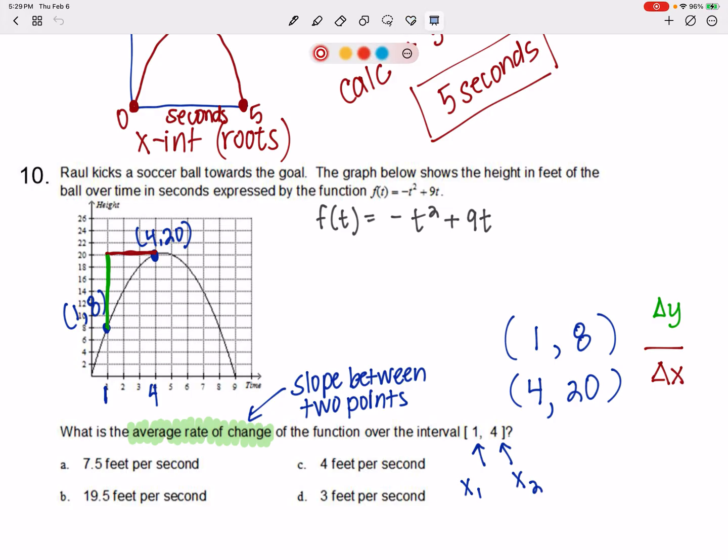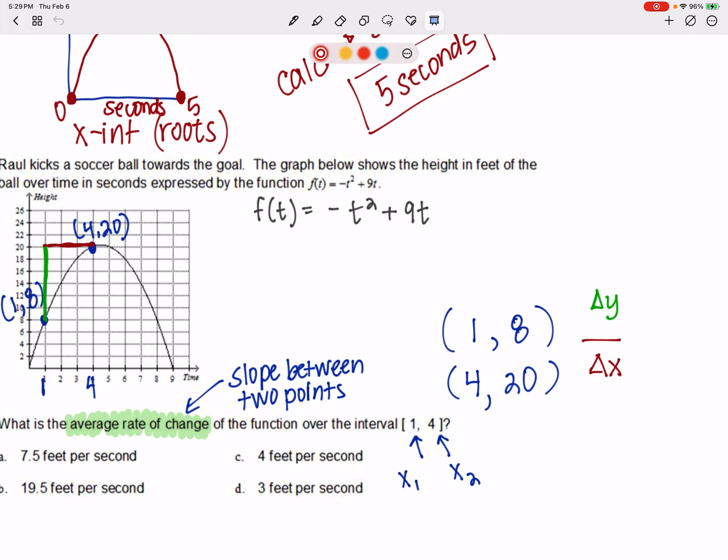So the change in y goes from 8 to 20. That change in y is going to be 12, and it's labeled 12, I believe, feet. Yeah, 12 feet. So the change in y is 12 feet.